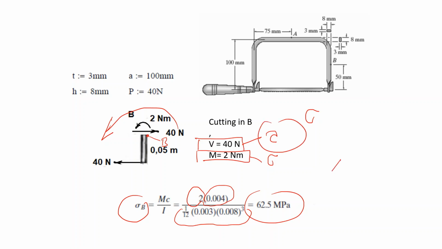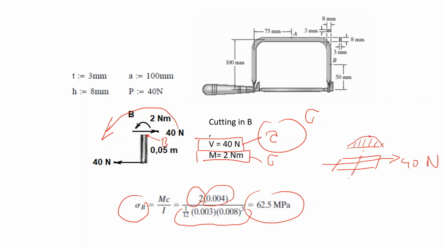As you see here, you have a section and your force is 40 newtons. We know that if you have a shear stress, the stress distribution will look like this.